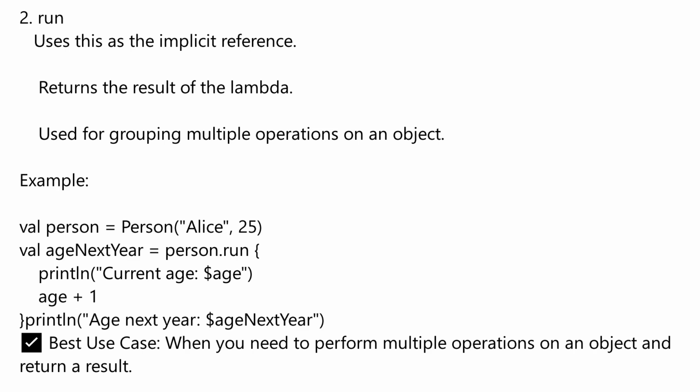The example here, we have val person = Person("Alice", 25), val ageNextYear = person.run { println("Current age: $age") age + 1 }, then println("Age next year: $ageNextYear").